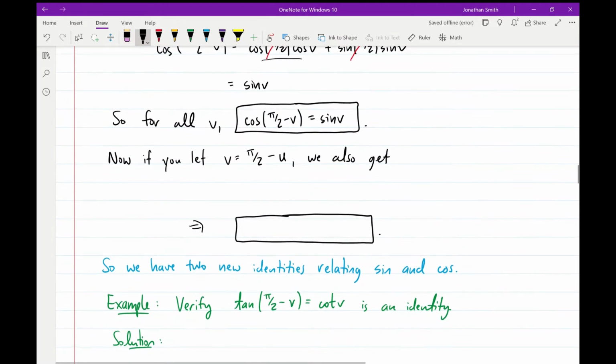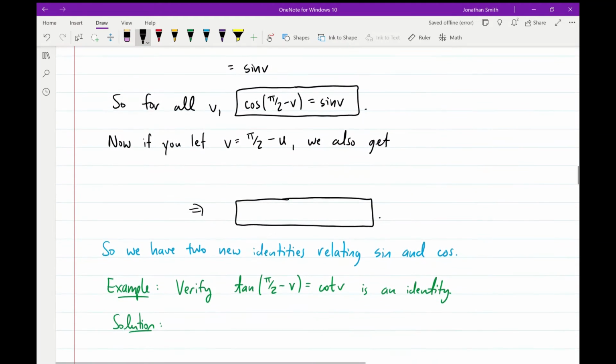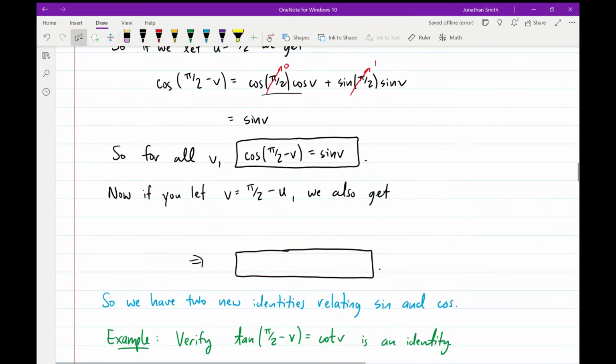All right, but we can do the same kind of game in the opposite direction. This time, let's take this new identity and specify that v is equal to pi over 2 minus u for any u. Now we have cosine of pi over 2 minus (pi over 2 minus u).